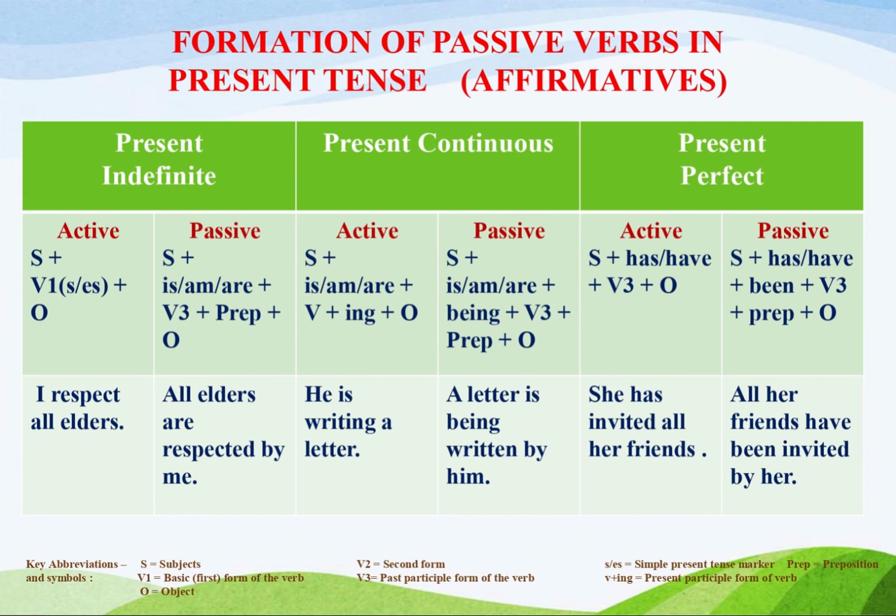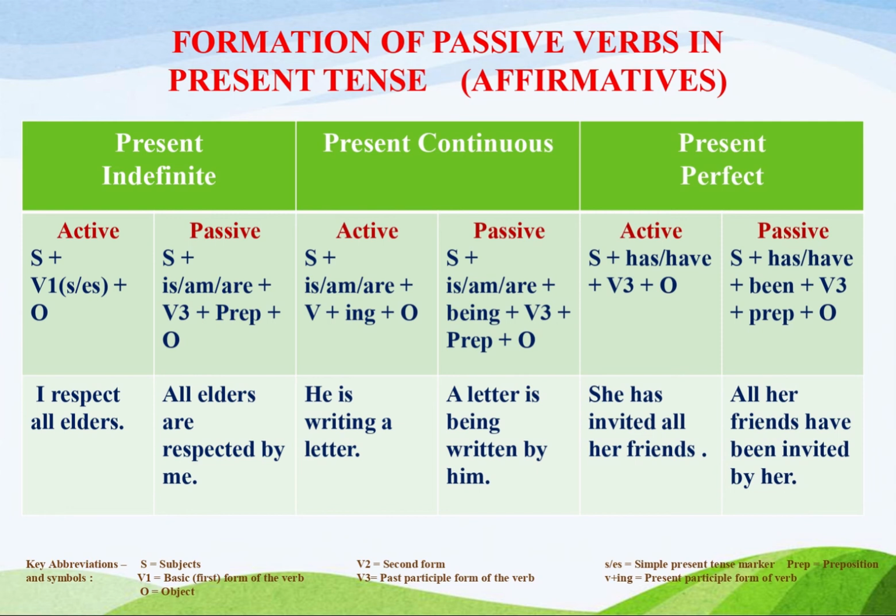Present perfect tense uses the formula subject plus has or have plus the third form of the verb plus object. Now, moving to the passive form, subject plus has or have plus been plus third form of the verb plus preposition, that is by, plus object.